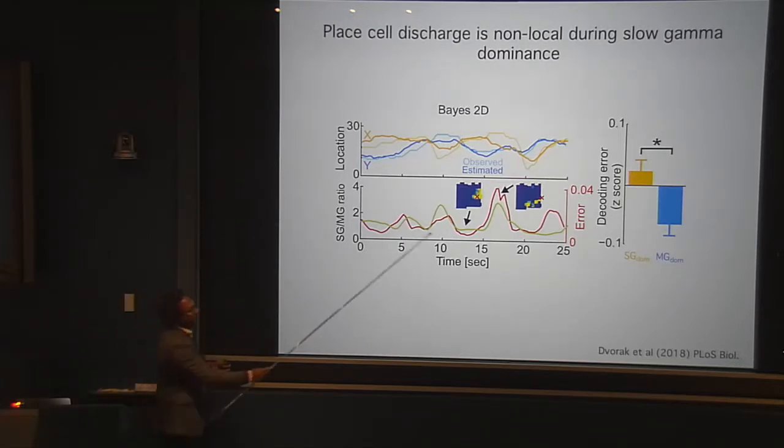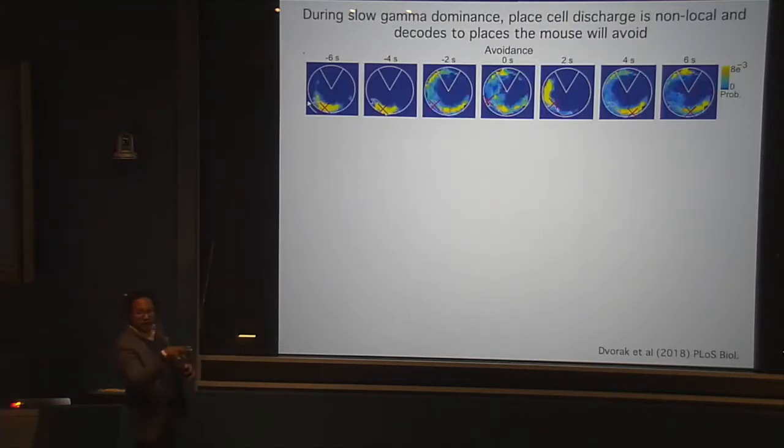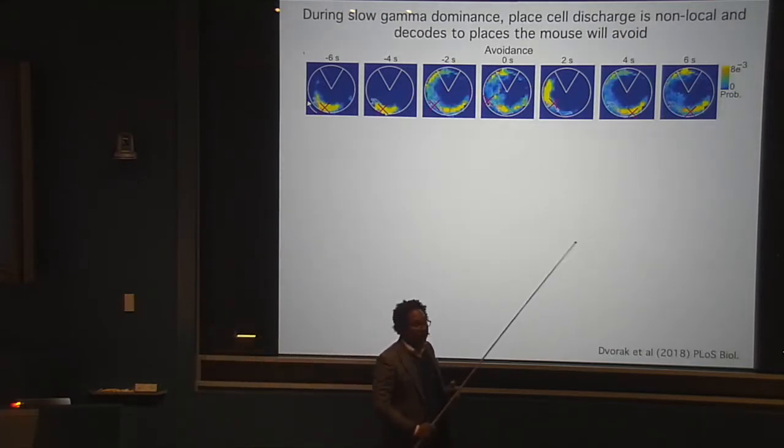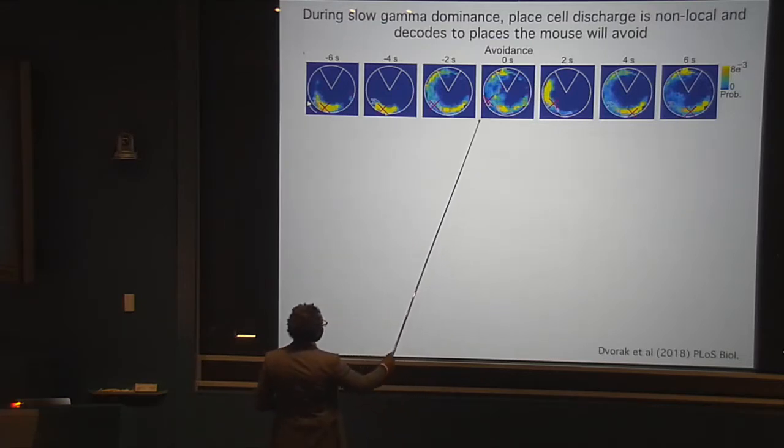In this case, we can't tell because we just have the animal walking around, but we can do an experiment. We can have the animal doing the place avoidance task. And I'll show you in one, what is this, 12-second sequence, what we can observe. So at time 0, the animal is going to walk away from the shock zone.